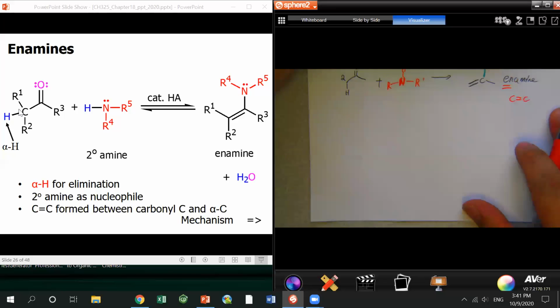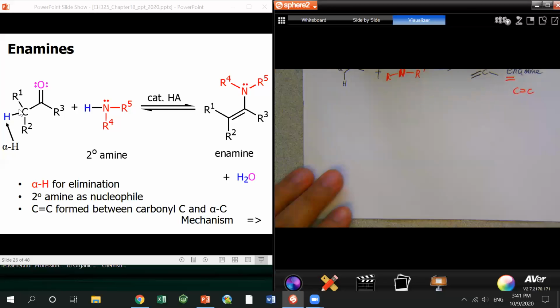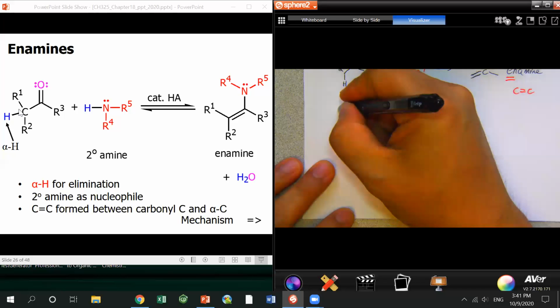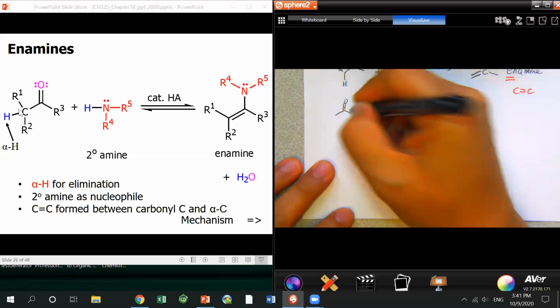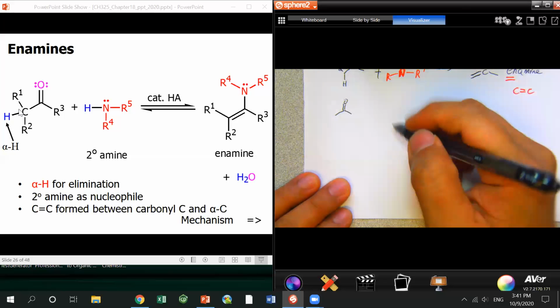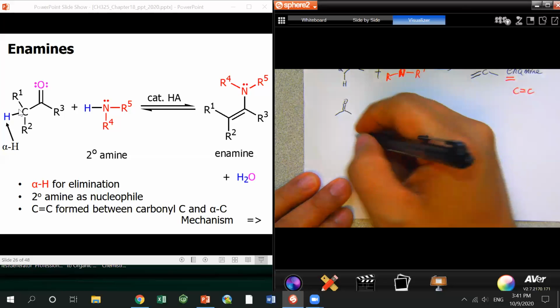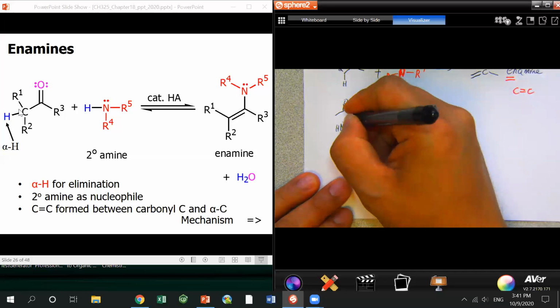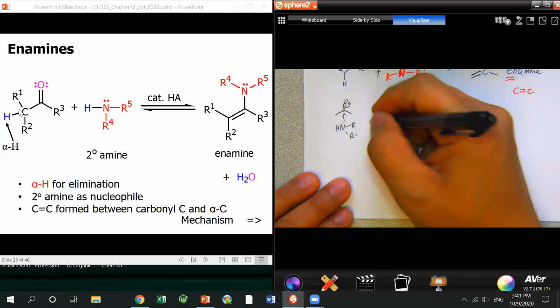The mechanism is not required for the enamine formation, but I still want to draw it for you. So we have the aldehyde or ketone, and then the secondary amine coming in. The lone pair attacks the carbon and opens the C=O double bond.